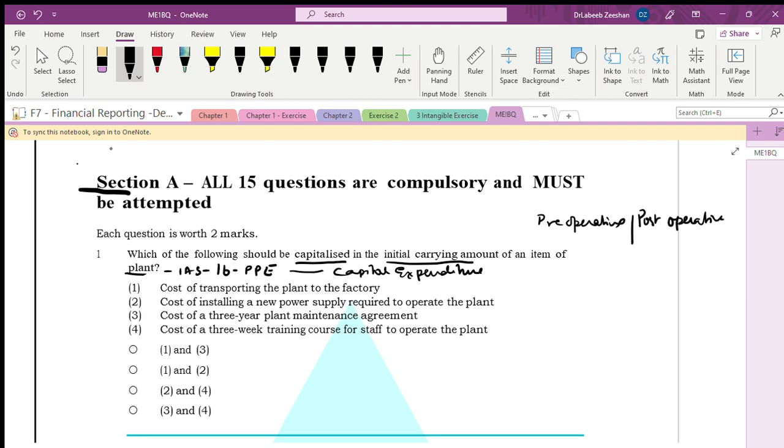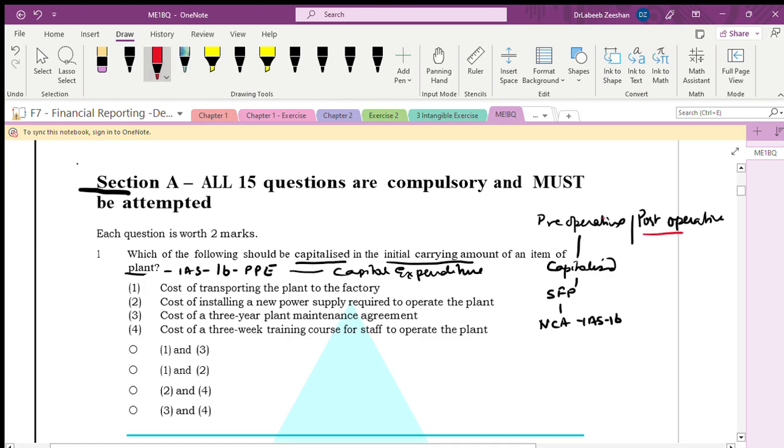If it is pre-operative expense, until the installation, we have to capitalize it and show it in the statement of financial position, in non-current assets as per IAS 16. Whereas if it is post-operative, it has to be shown in the profit and loss account as expenses. This is the basic background.